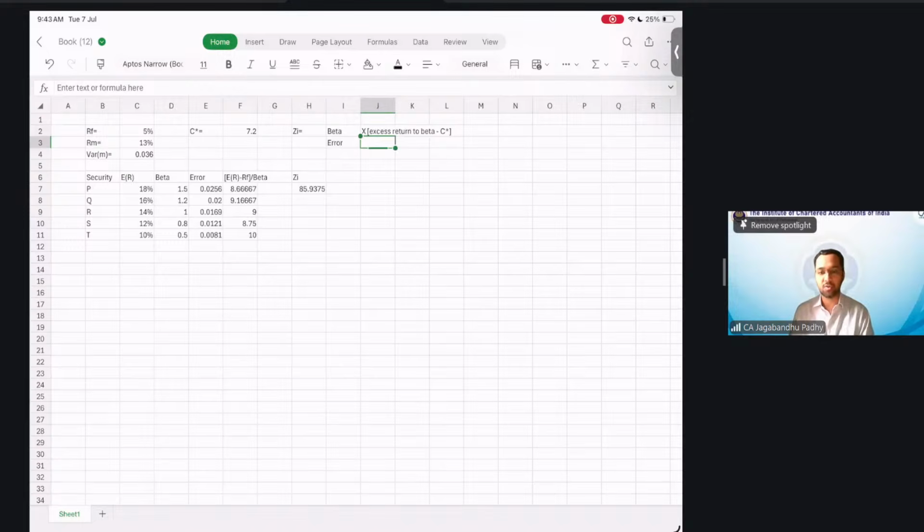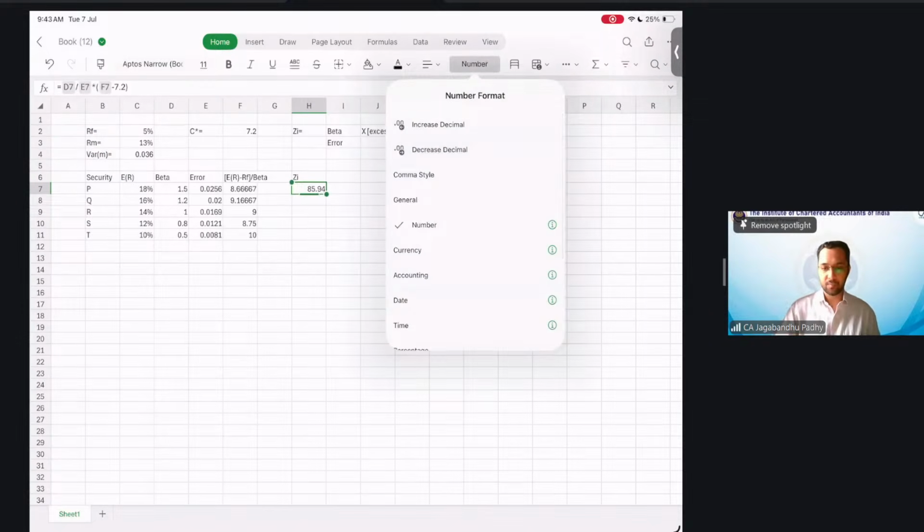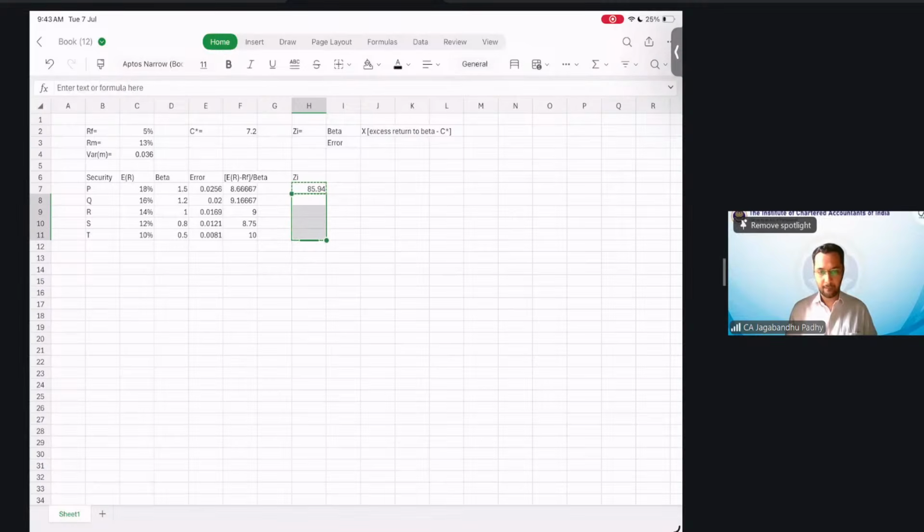So that's your Zi first value. These are the Zi values. The Zi values are obtained by multiplying systematic to unsystematic risk into excess return to beta over the cutoff rate. We have got these Zi values for all the securities.